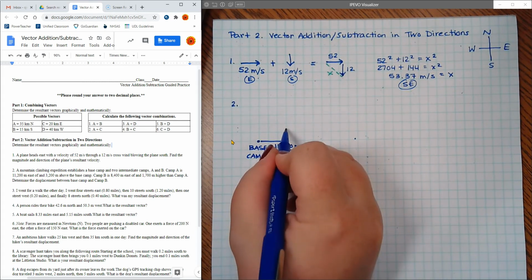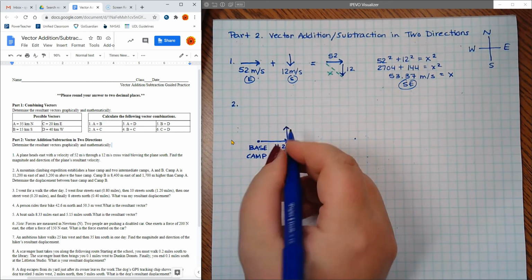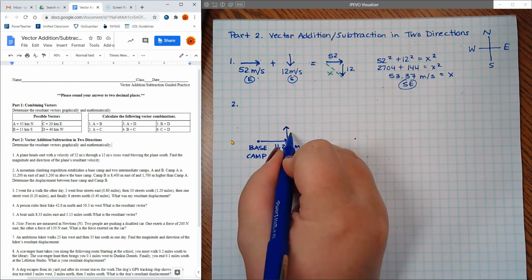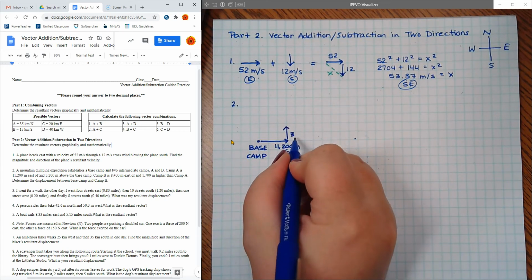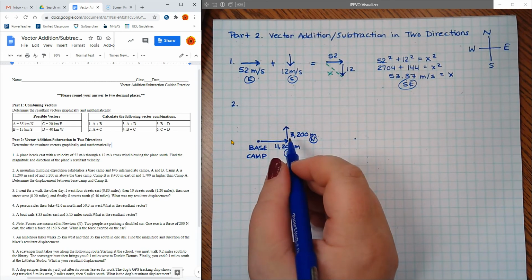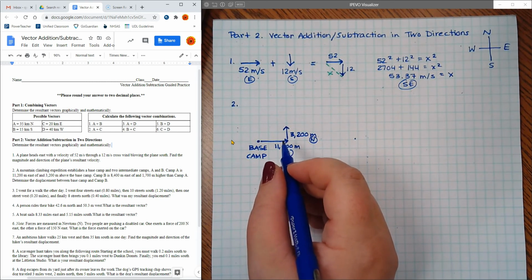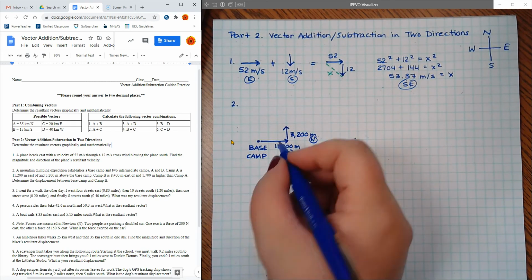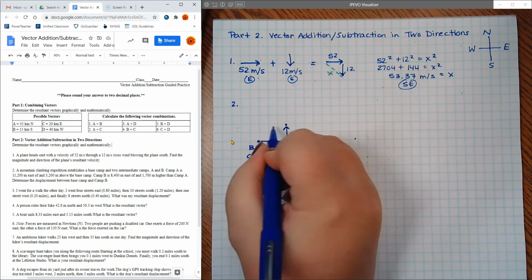And 3,200 meters above. Above is the same in terms of direction as north. So 3,200 meters north. Obviously these are not drawn to scale. I would be here all day measuring it out, so I'm just not drawing them to scale. This point would be Camp A.